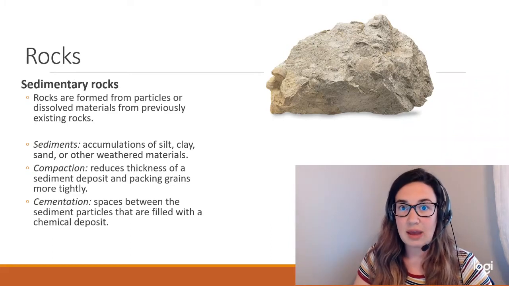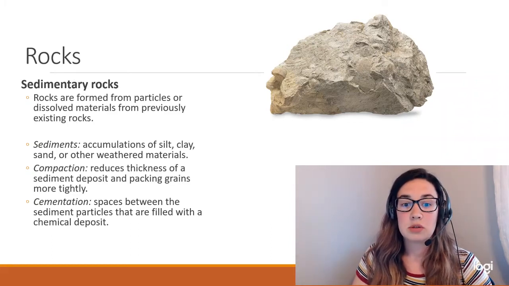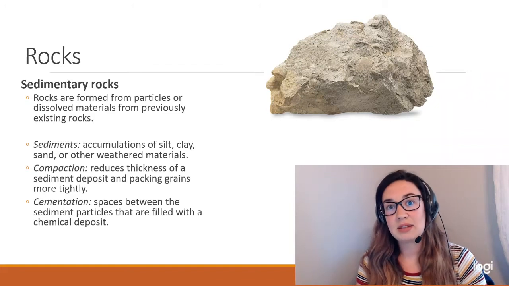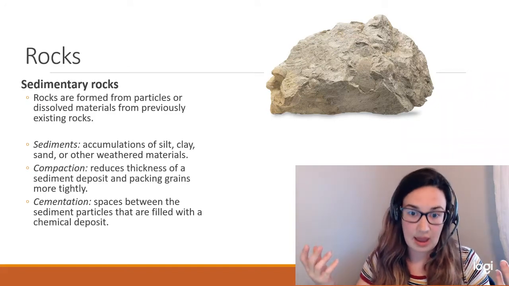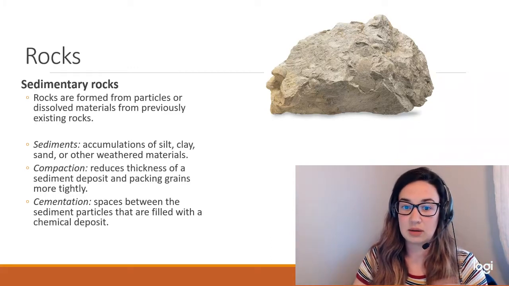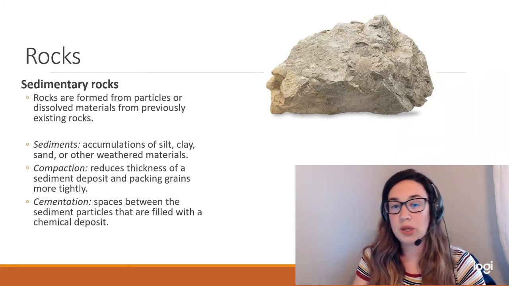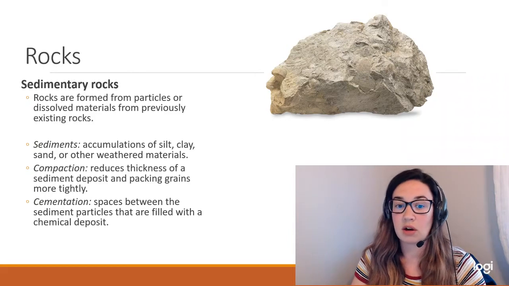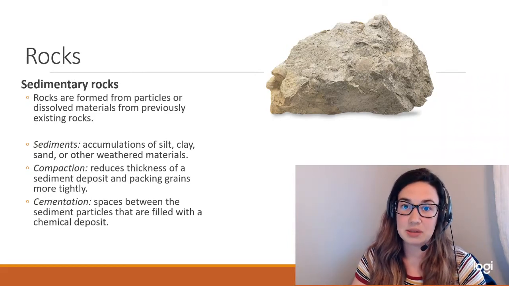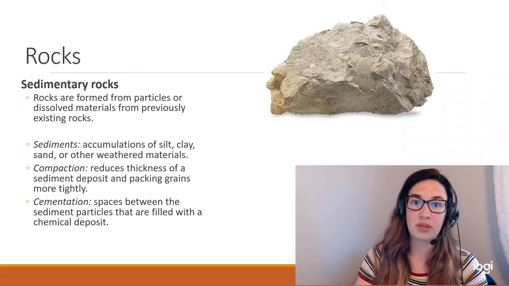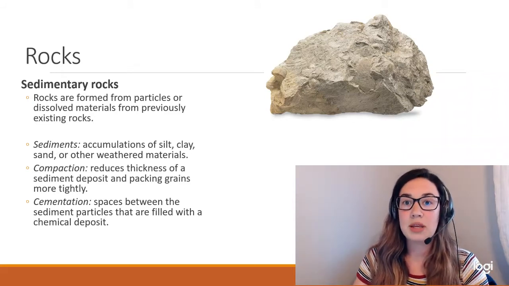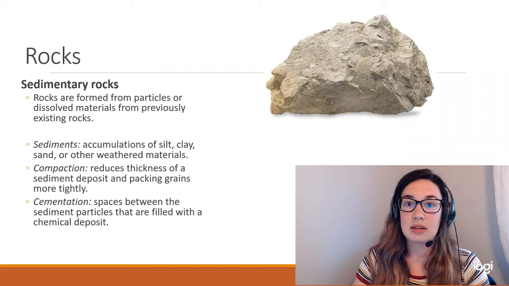Now you also have cementation. This is when the space that exists between the sediment that you have, between either the clay or the silt or the sand, all that space between all of those sediment particles is filled with a chemical deposit, and that could be a different type of sediment or some sort of other chemical deposit. So you basically have something that is cementing.